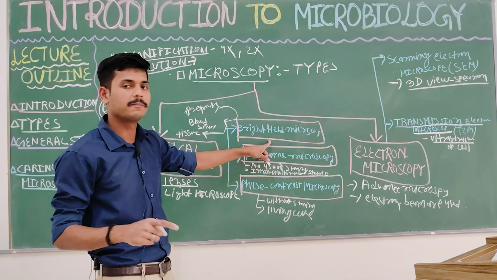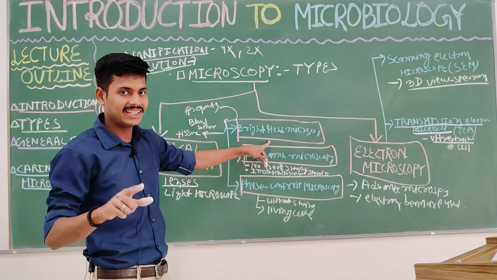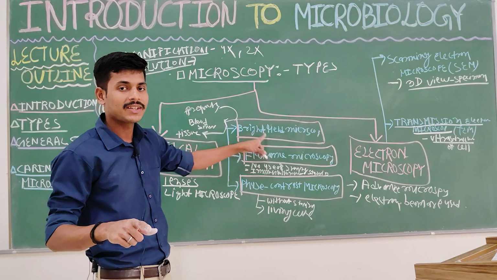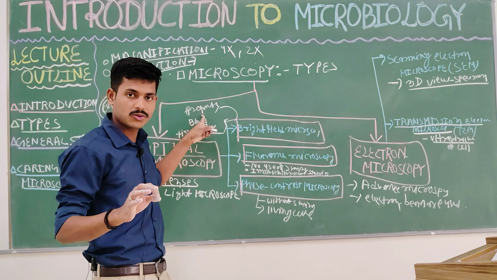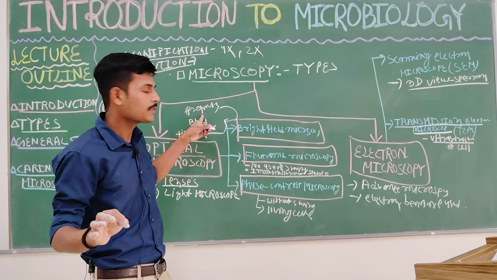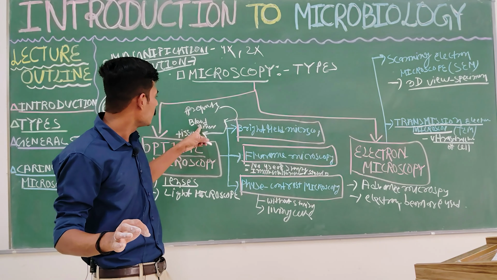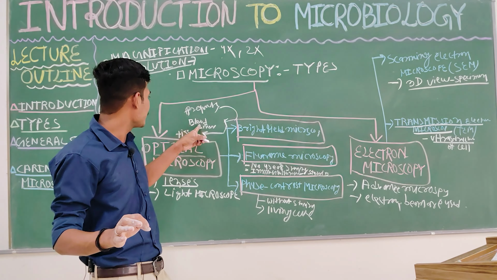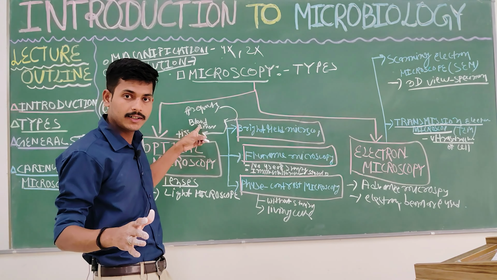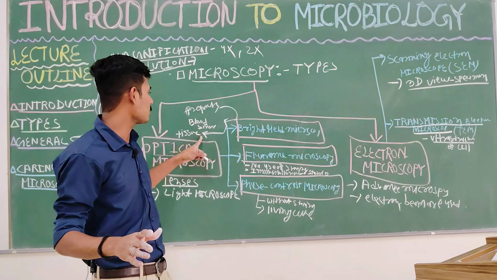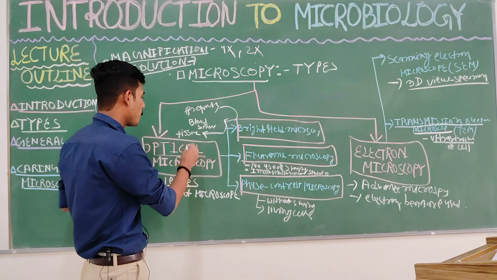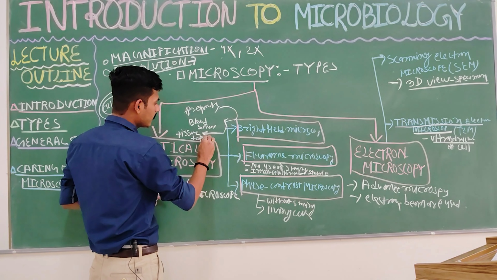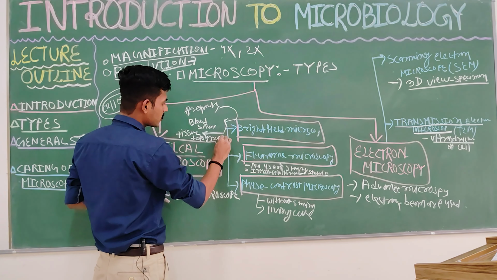The first one is called bright field microscopy, a very frequent type of microscope in the laboratory setting. Here we check the blood smear and also study tissue histology, the tissue topography, which means tissue arrangement.